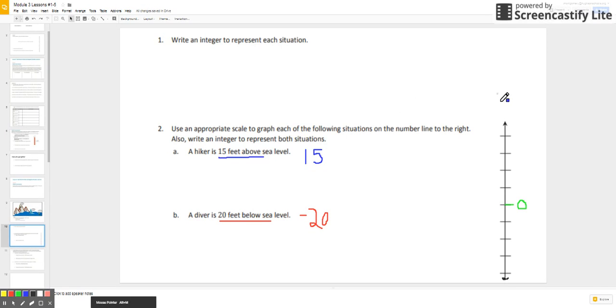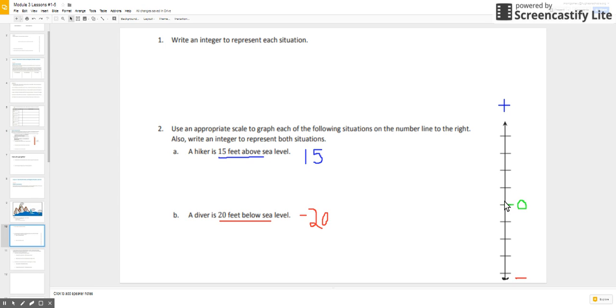Above, remember, above would be our positive numbers or positive direction. And below, down here, would be our negative direction. Well, this number line needs to have 15 in it and negative 20 in it. So it wouldn't make sense to go by ones. 1, 2, 3, 4. It wouldn't make sense. So I have to go by another appropriate scale.